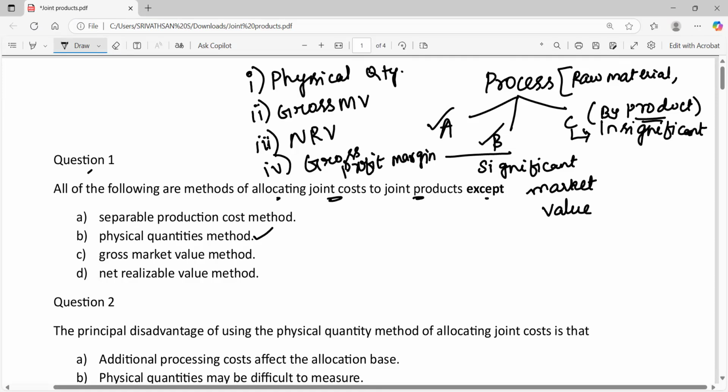Gross market value is a method for allocating joint or common costs. Net realizable value is also a method. But there is nothing called the separable production costs method. This is not a method used for allocating joint cost to joint products. So option A is the right answer.